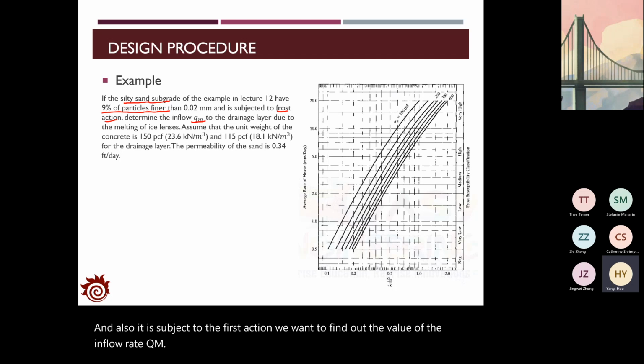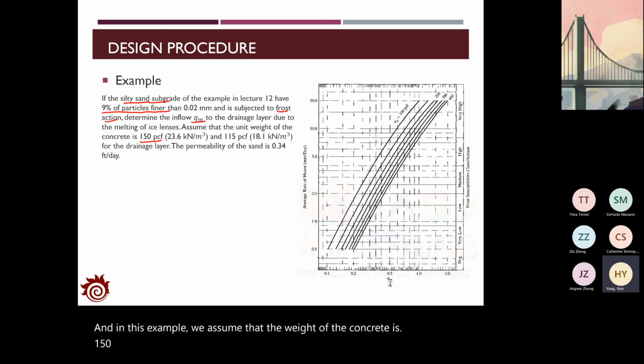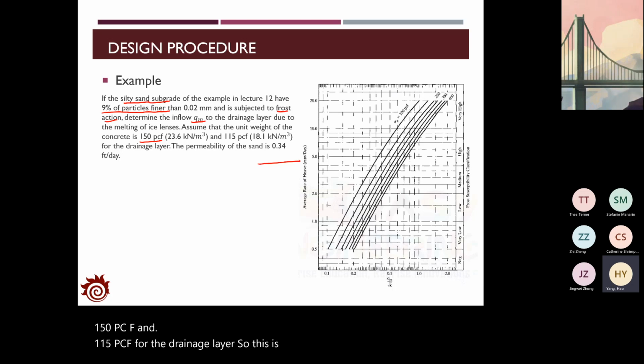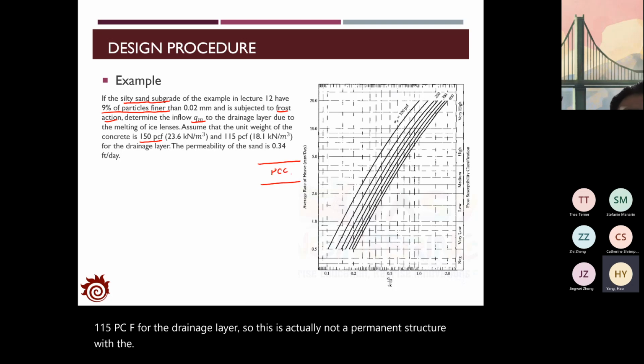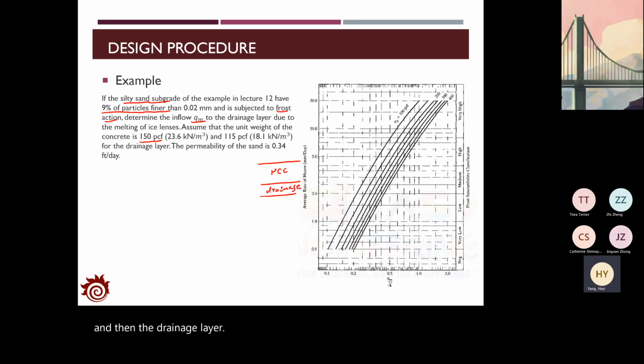In this example, we assume that the unit weight of the concrete is 150 PCF and 115 PCF for the drainage layer. So this is the pavement structure with the PCC and then the drainage layer, and this is the subgrade.